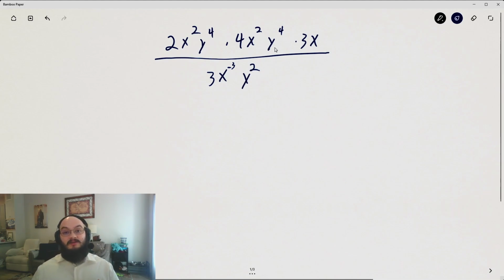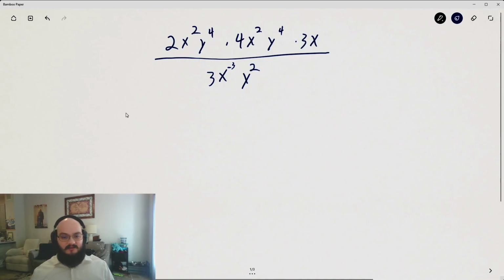Something to note is when we are simplifying expressions that have exponents on them, there is a world where we can just write out all of the x's, write out all of the y's, write out all of the constants, all multiplied out together, and then just start canceling out.